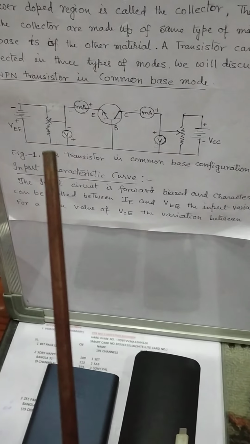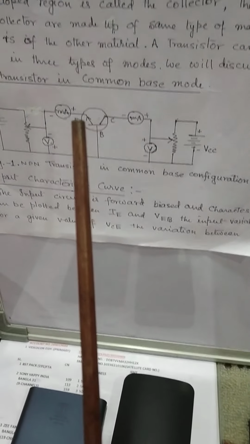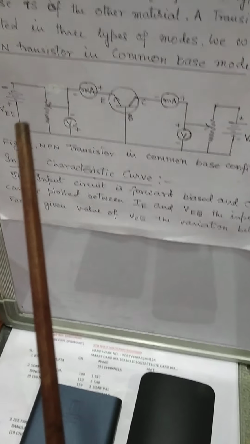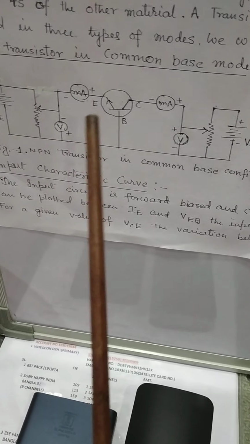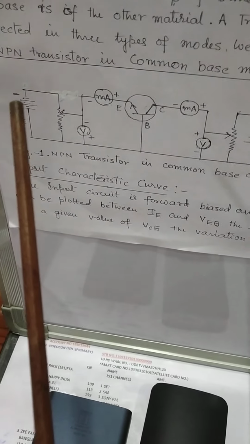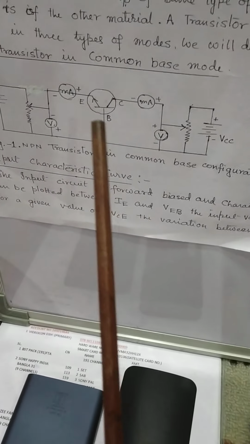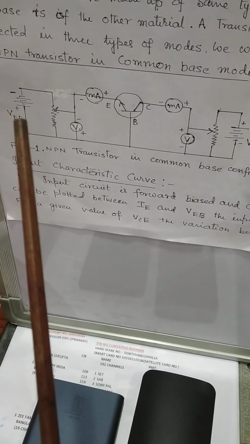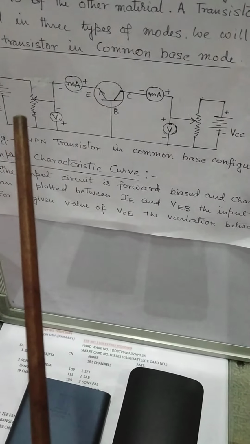The circuit diagram is shown here. Now this is the emitter, which is made up of N type material, and it is forward biased because this N type emitter is connected with the negative terminal of the battery and the base is common and it is connected with the positive terminal of the battery.